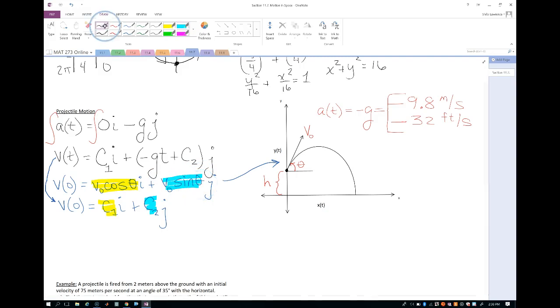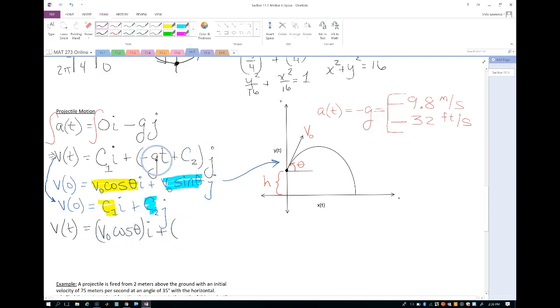So this leads us to a better formula for velocity that has no arbitrary constants in it. So now I go back to here and replace c1 and c2. So c1 was v sub 0 cosine theta. That is our i component.